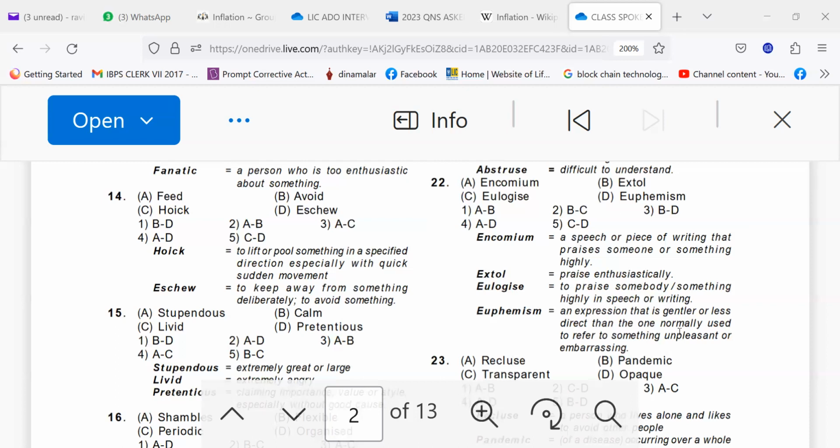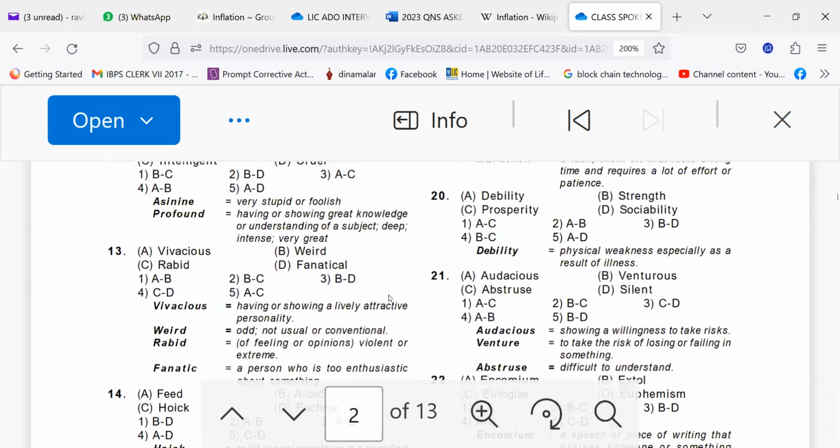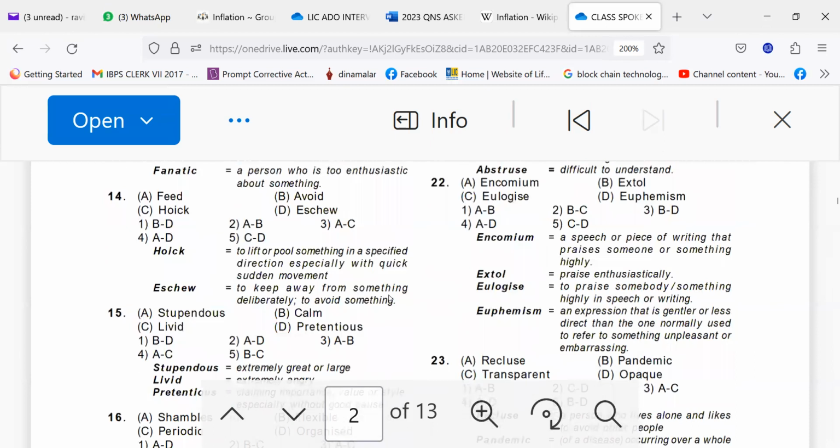So 1 minute. Valar, over. Otherwise, you leave it. Valarmati, if you find it very difficult, you are not able to decide, leave it blank. You will not lose marks. Okay. Come on, quick. Sir, I finished. 14 over, na? Yes, sir.